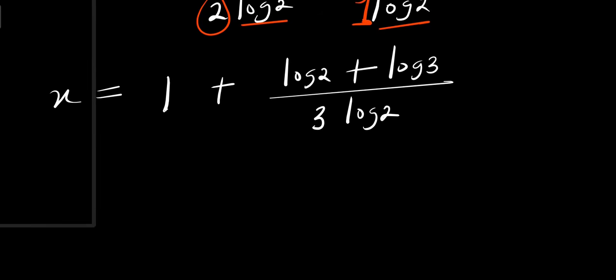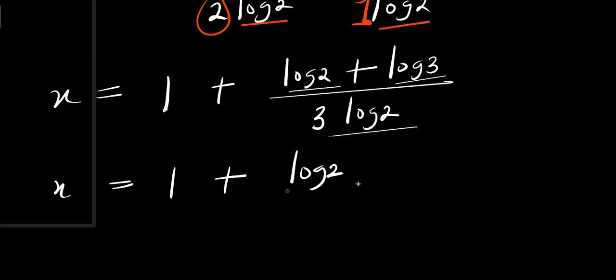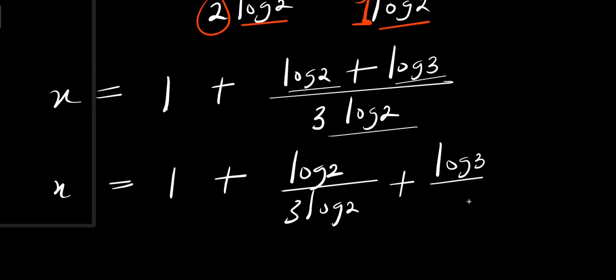So from here, we can have x equals 1 plus, divide each term here by the common denominator. We have log 2 divided by 3 log 2 plus log 3 divided by 3 log 2.